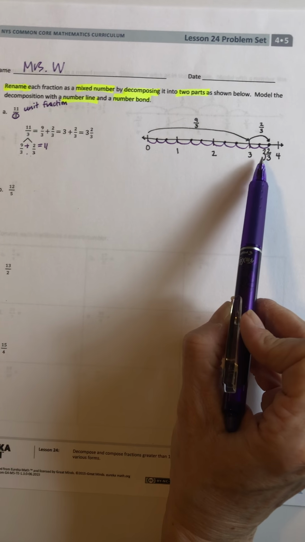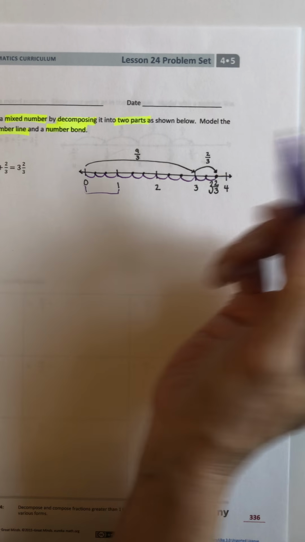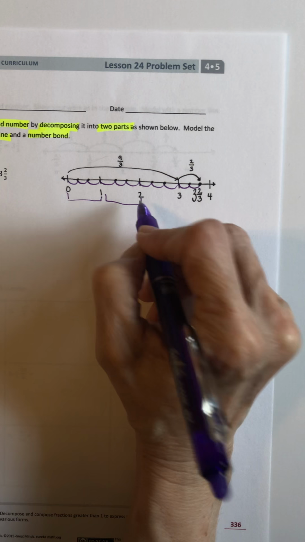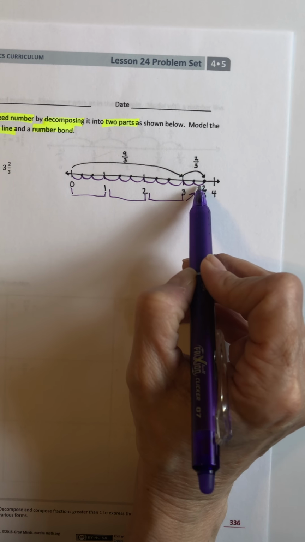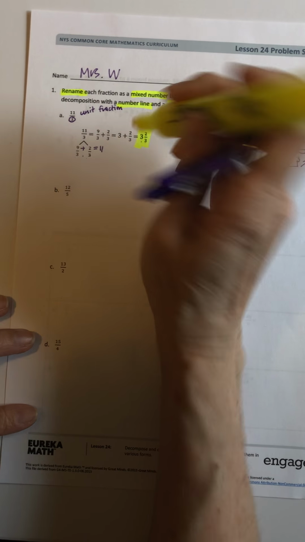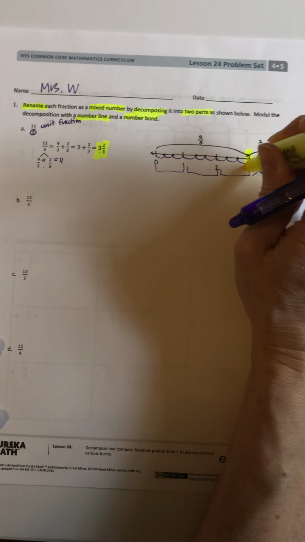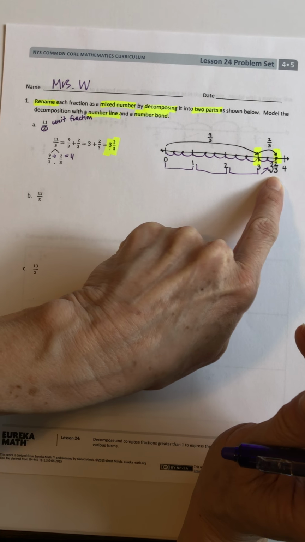And how did we end up with 11 thirds? We ended up with 1 whole for our mixed number, 2 wholes, 3 wholes, and then just that extra 2 thirds gives us 3 and 2 thirds.